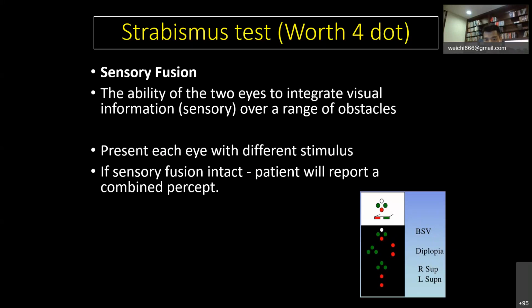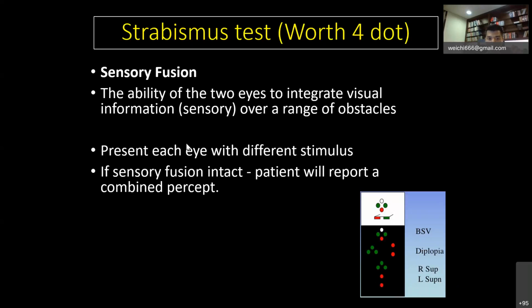So this is abnormal. If the patient only reported to you that I only see 2 red dots, that means the image from the left eye was suppressed. So you have a left eye suppression here. So it's not normal.